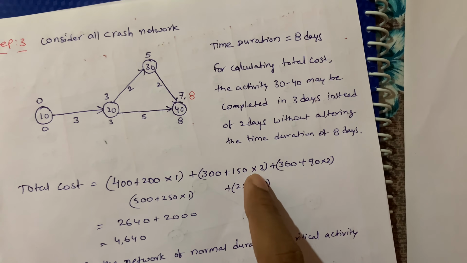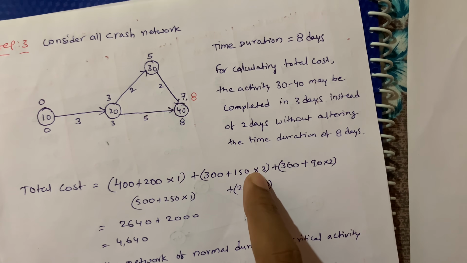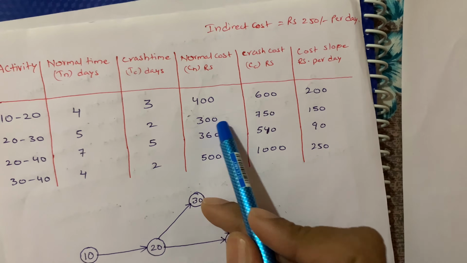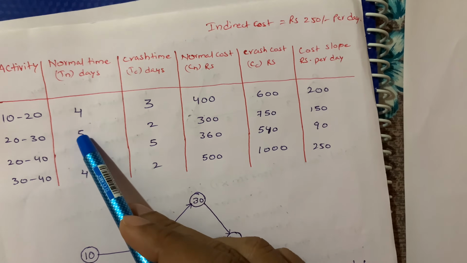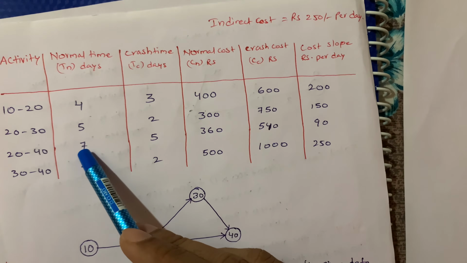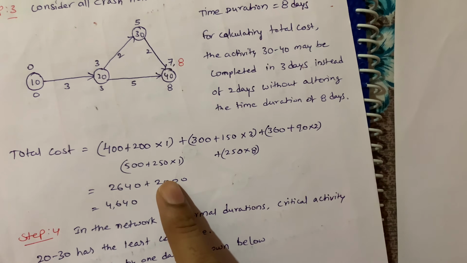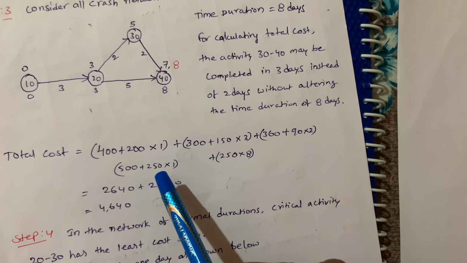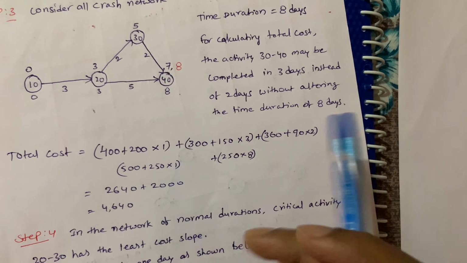Sorry, 300 plus 150 into 3 plus 300 plus 150 into 5 minus 2, 3. Then 360 plus 90 into 7 minus 5, 2, like that. But here 500 plus 250 into 1. Why?